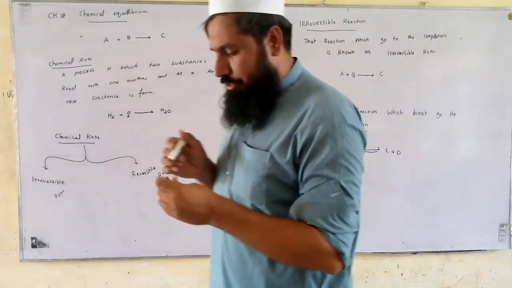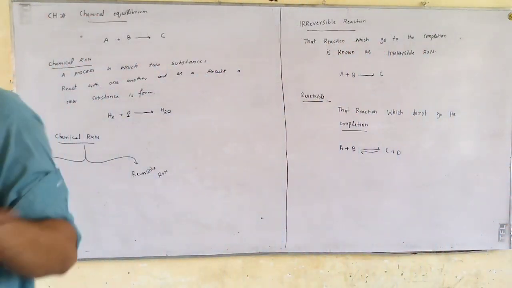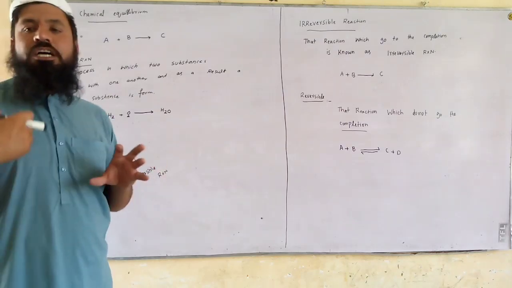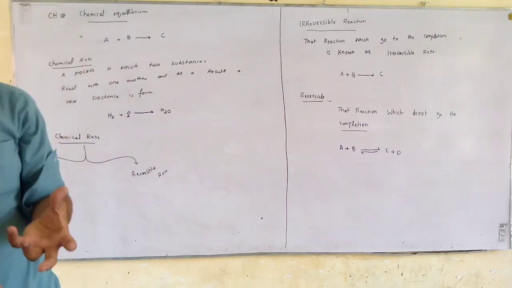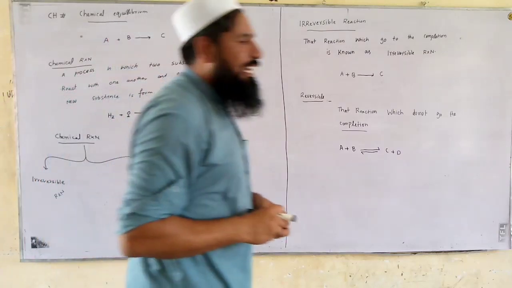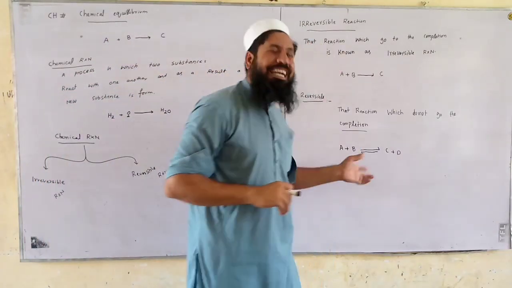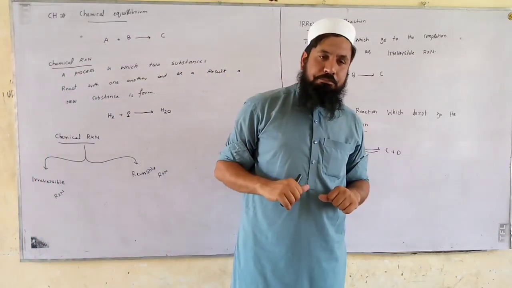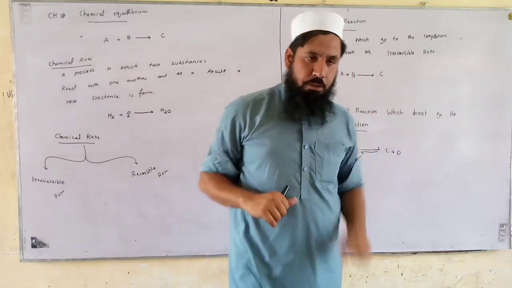The result is that this reaction will not go to completion at any stage. At any stage you will have reactant, and at any stage you will have the product.